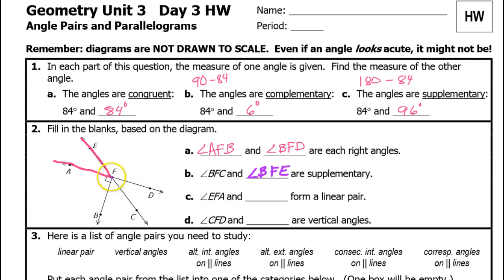I could extend this line, and that would make this the answer. So angle AFE and angle DFE. Let me write smaller, hold on. So I could say angle DFE. Okay, so that's one way I could have done it.